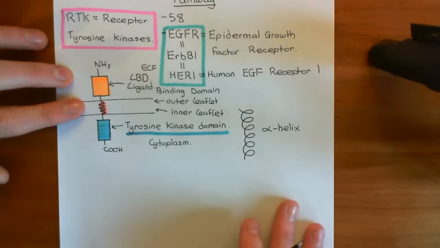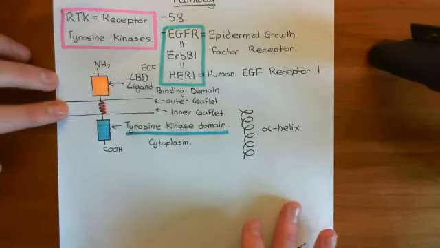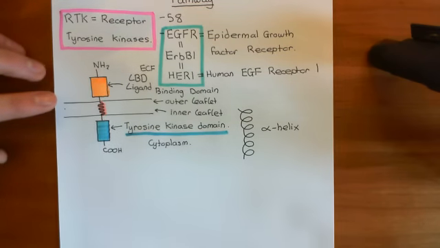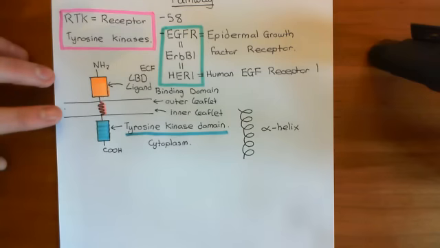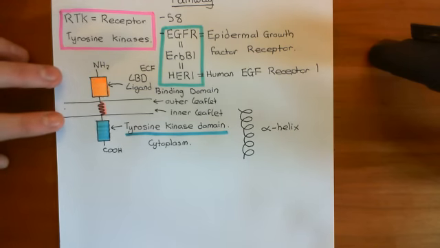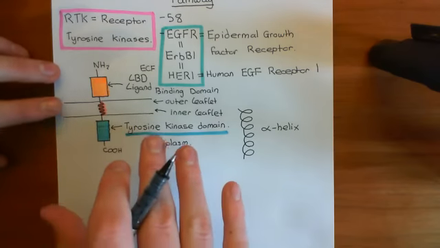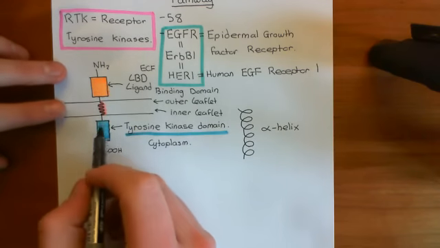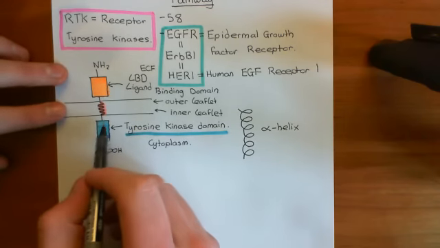Okay, right. So what we now want to discuss is what a tyrosine kinase enzyme actually is. A tyrosine kinase enzyme is just any enzyme that's capable of phosphorylating tyrosine residues within proteins. And what these receptor tyrosine kinases are is just receptors which have an inbuilt tyrosine kinase, okay?